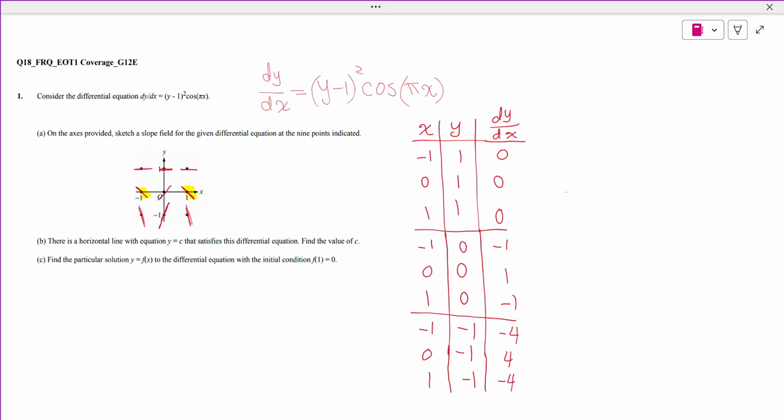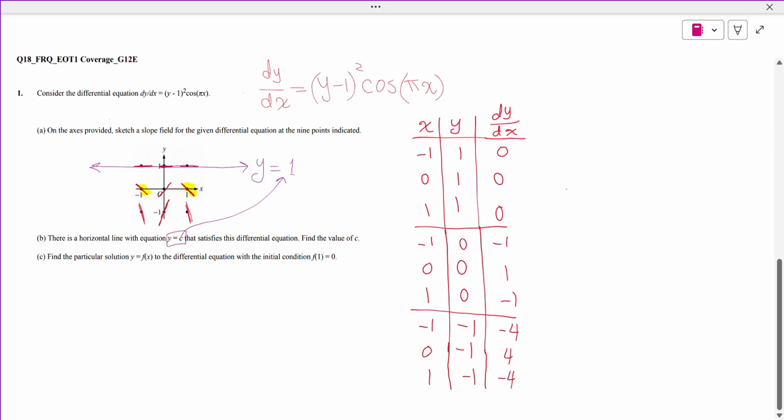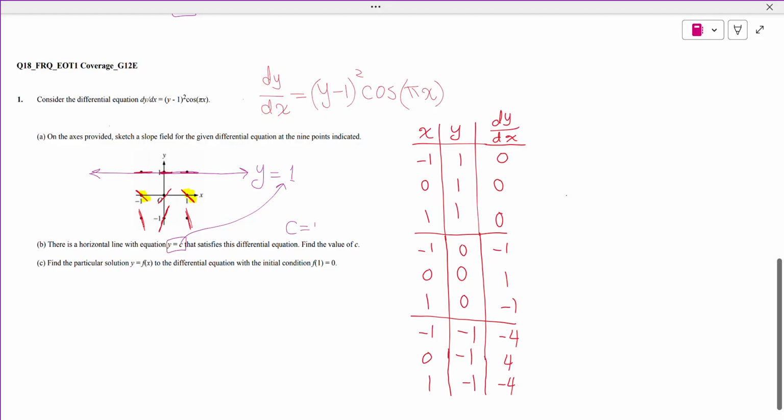So here, this is a particular solution for the given differential equation with this equation, y equals 1. And if you look at part B, it says y equals c. That means c equals 1. This is part B.